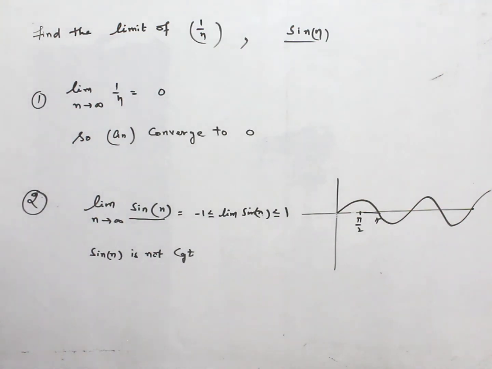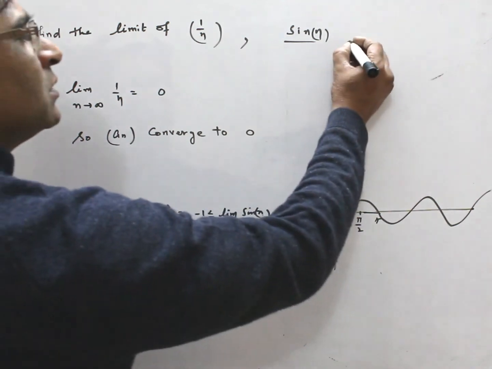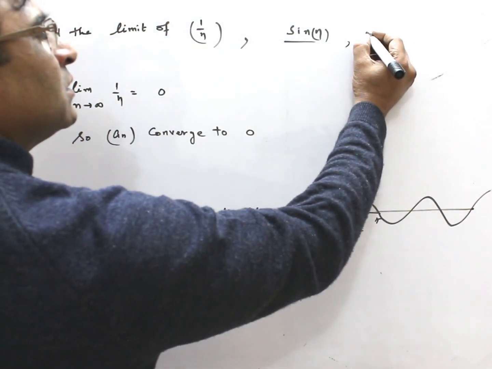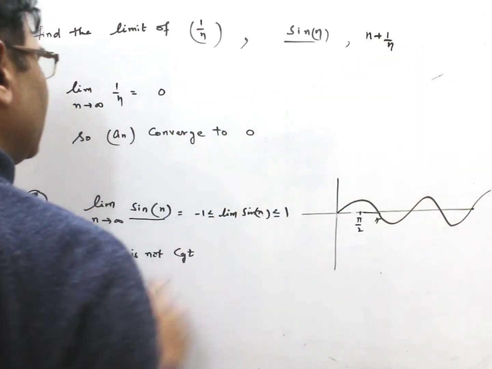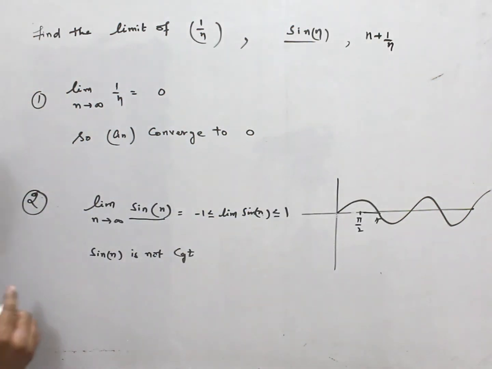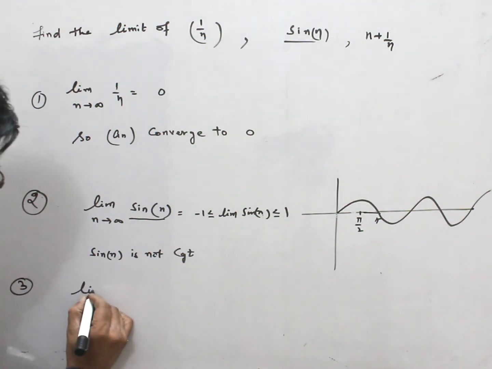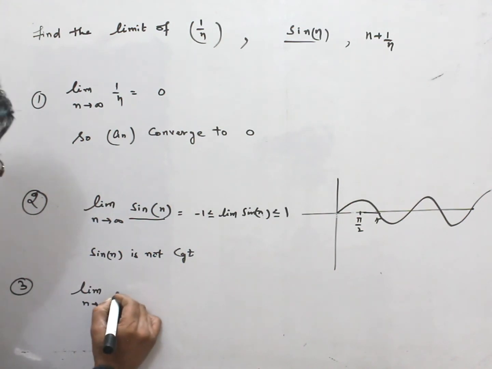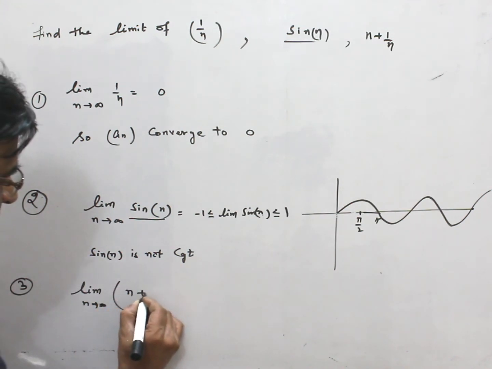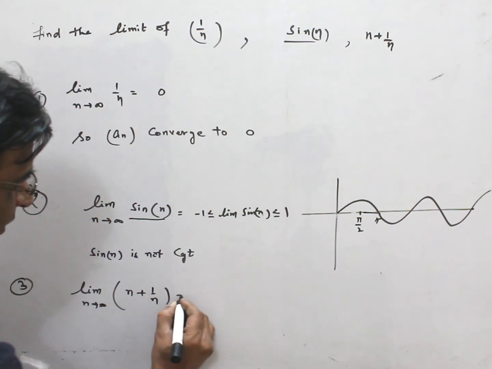One more example you can see. Suppose this is n squared plus 1 by n. Then what happens? The third example: limit n approaches infinity of this.